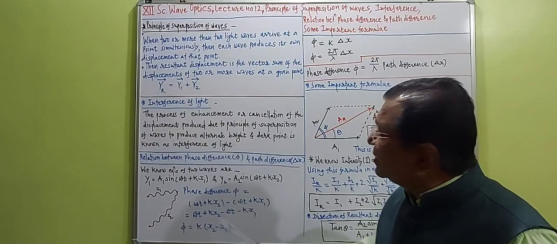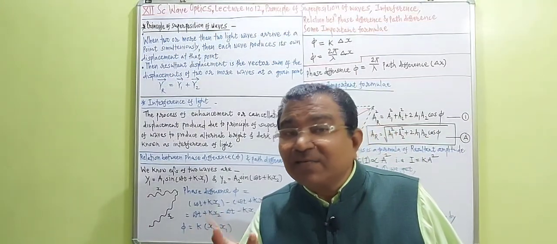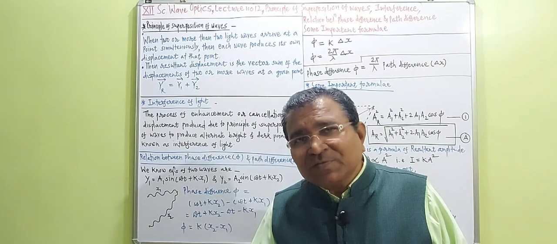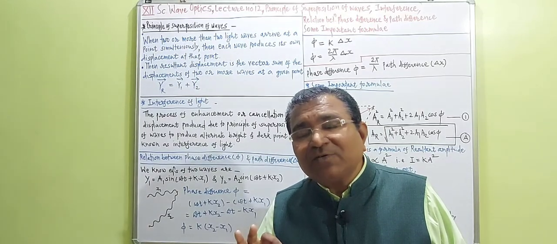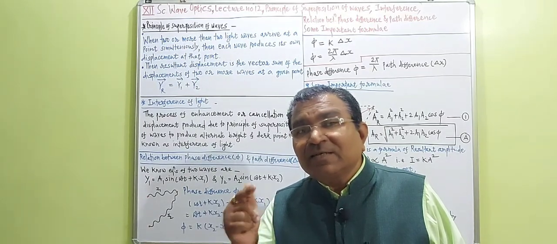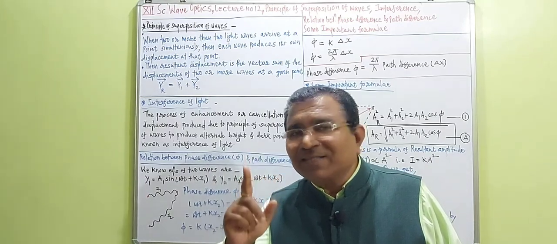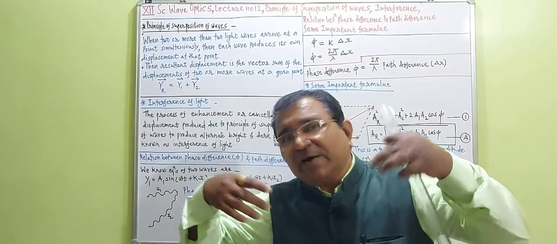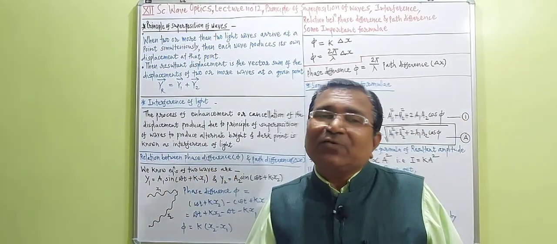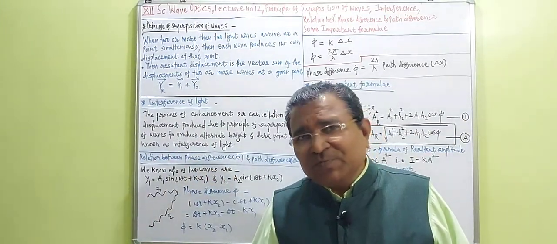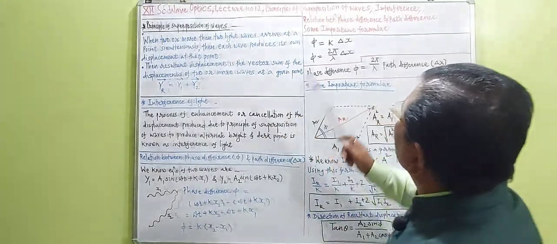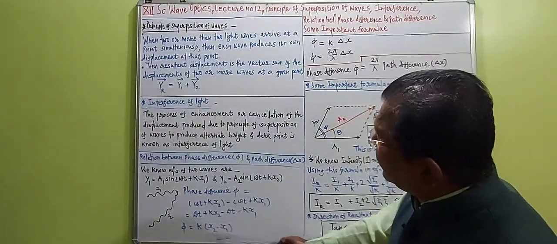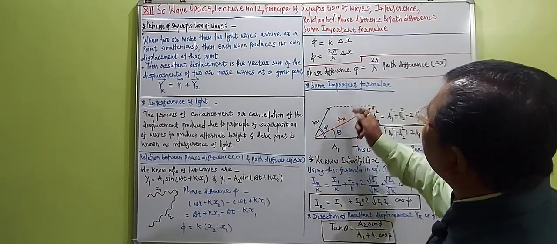This x2 minus x1 is nothing but the path difference that I have already told you. We have to derive the relation between phase difference and path difference because it is very important from the competitive examination point of view. So here I will write phi is equal to k delta x, where x2 minus x1 is delta x.